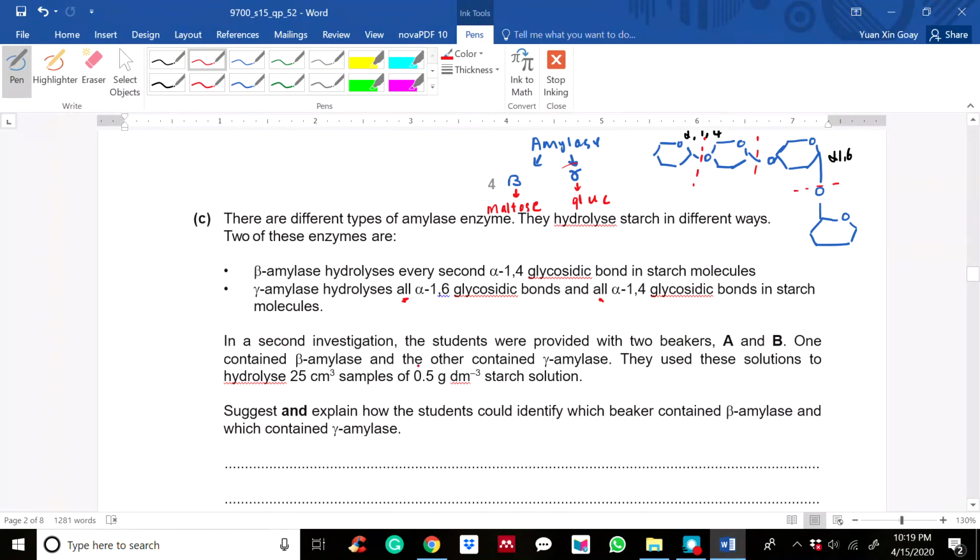In a second investigation, the students were provided with two beakers, A and B. One contained beta amylase and the other contained gamma amylase. They used these solutions to hydrolyze 25 cm³ samples of 0.5 gram per centimeter cube starch solution. So in this case, the students have two beakers.